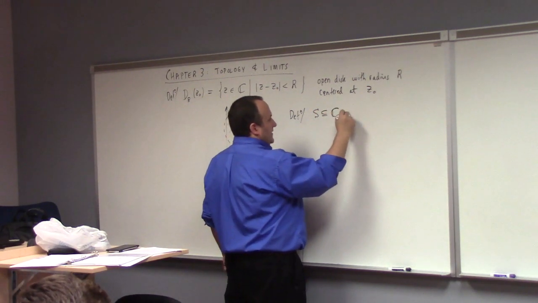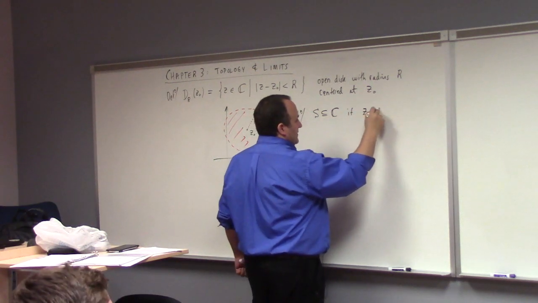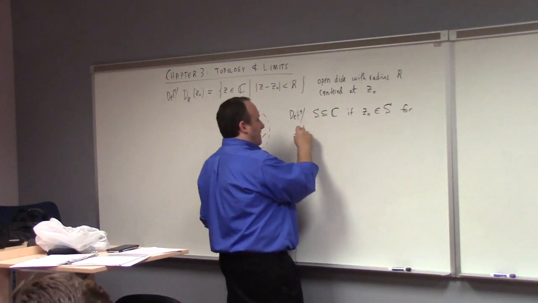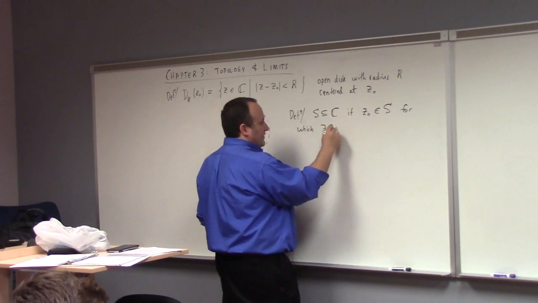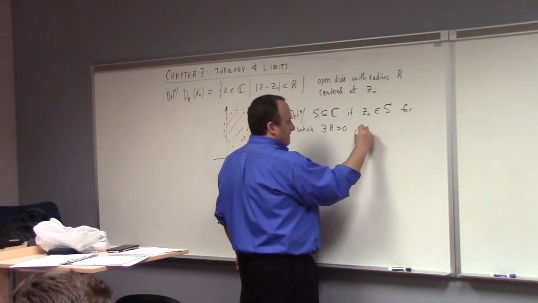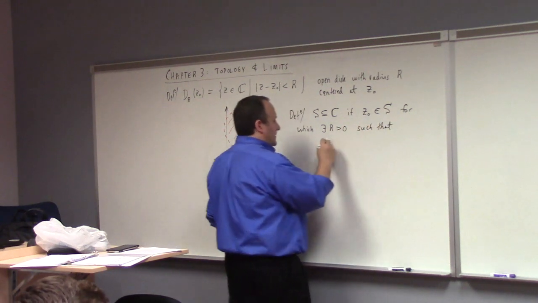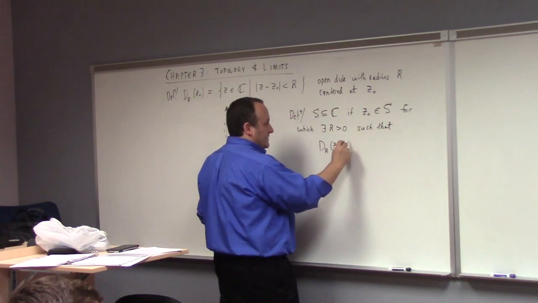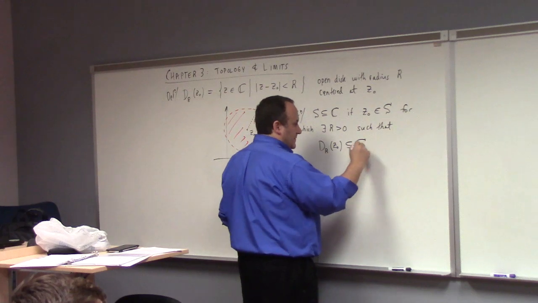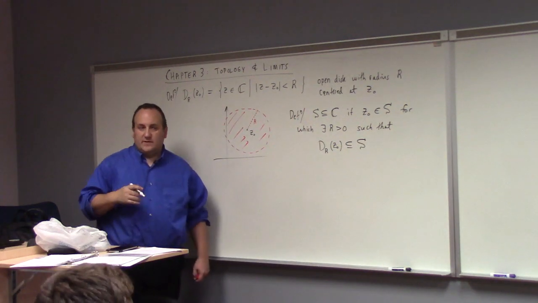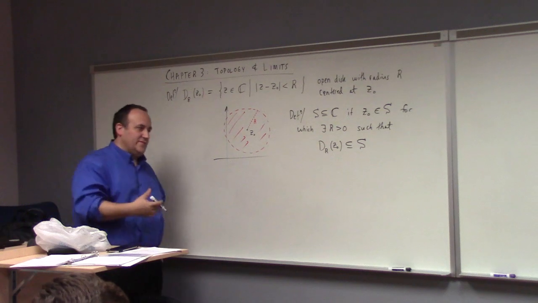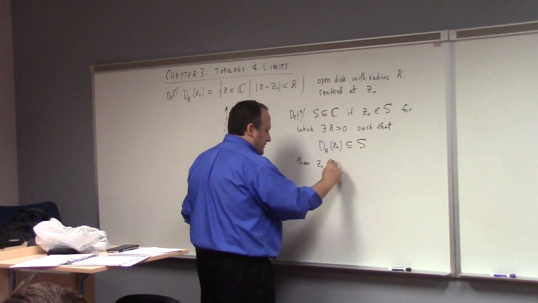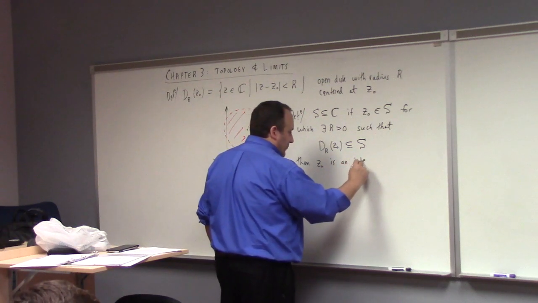If z naught is an element of S for which there exists r greater than 0 such that the disk of radius r centered at z naught is a subset of S, in other words, if this disk is a subset of S, then z naught is an interior point.